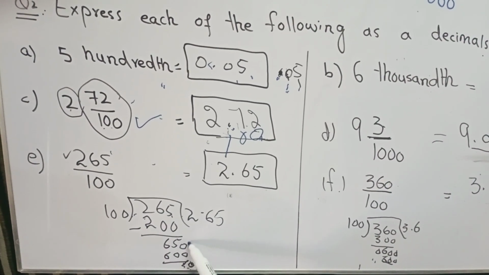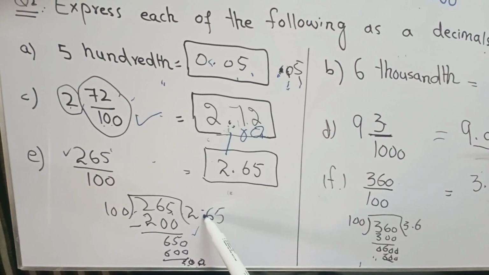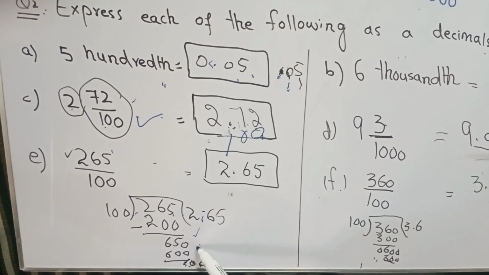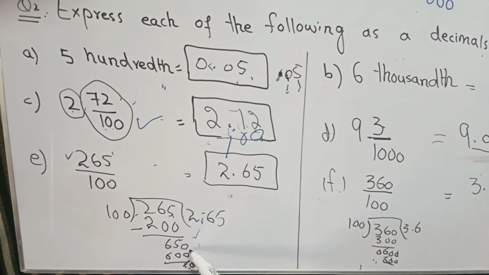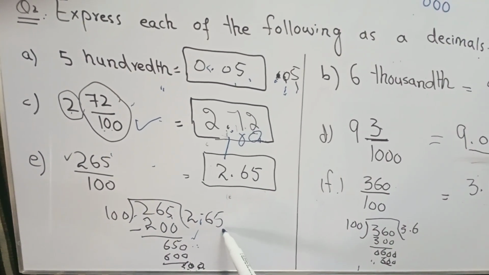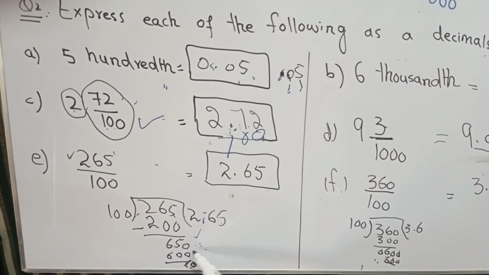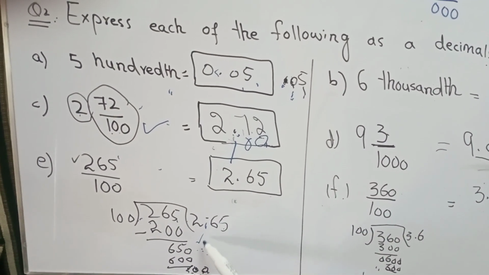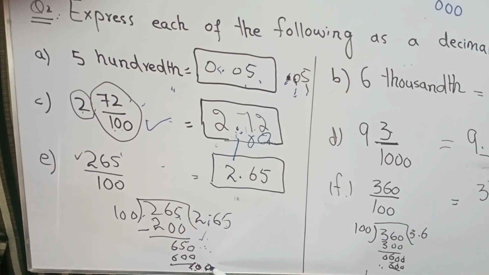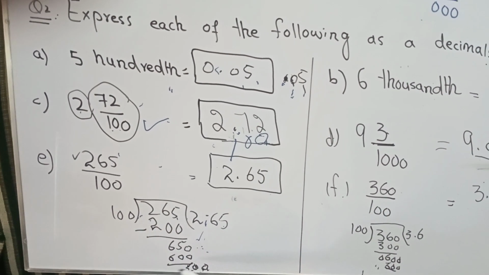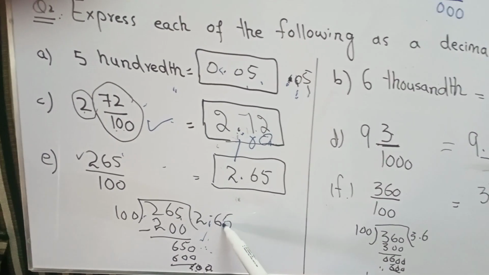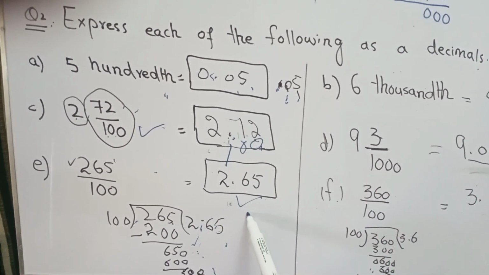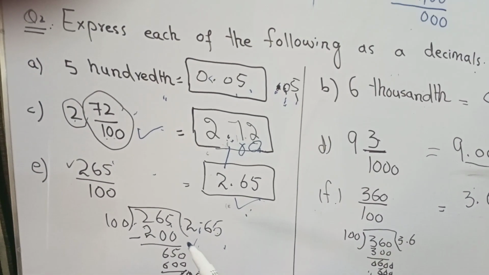Now again there is a need of 0, so we put a point here and consider 0 after taking the point. Now it becomes 650, 100 sixes are 600. Now 0 5, again we have 50, and there is again a need of 0, so we carry 0 here. Now it becomes 500, exactly divided by 5, and the answer should be 2.65.